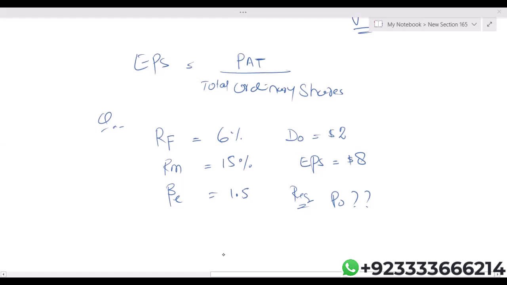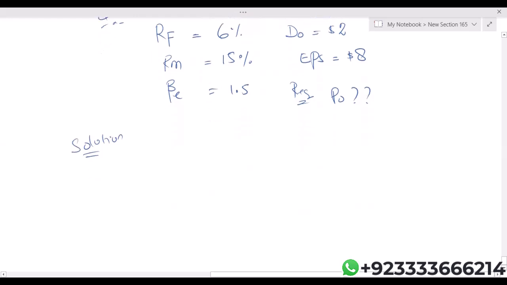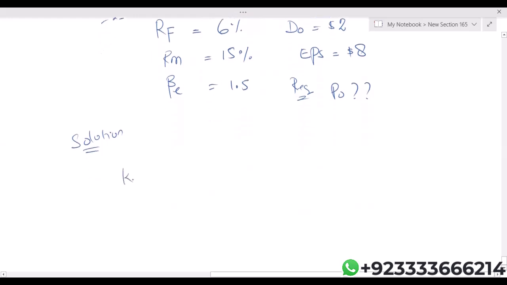Okay, let's solve together. We got two different answers from the students. Let us first calculate Ke: Ke is equal to RF 6, plus RM 15 minus 6, times 1.5.